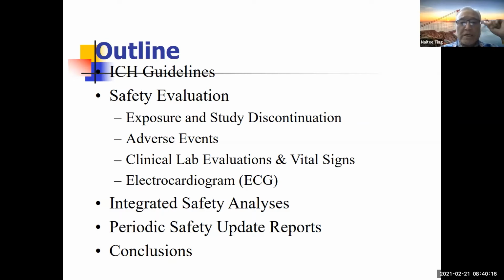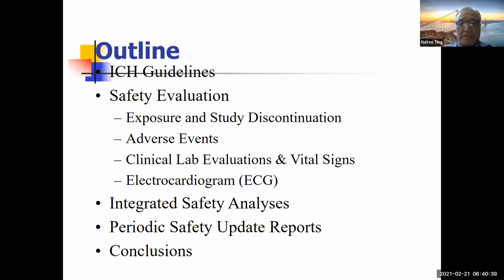We'll start with ICH guidance, and then get into safety evaluation. The first bullet point, exposure and study discontinuation, is about the denominator. From a clinical trial, the denominator is there. You have it on hand. It's in your database. Then we're going to talk about adverse events.